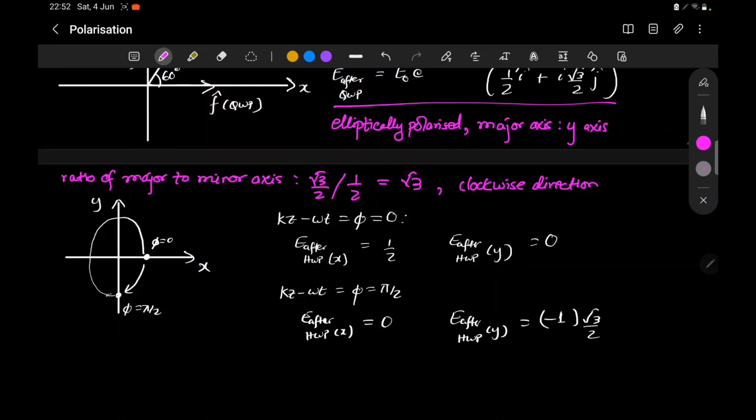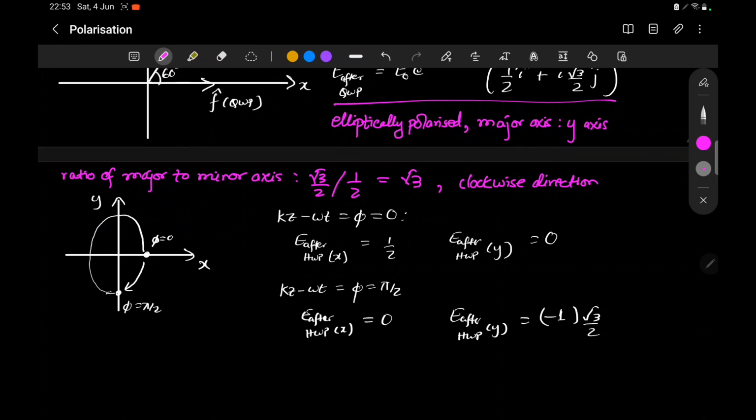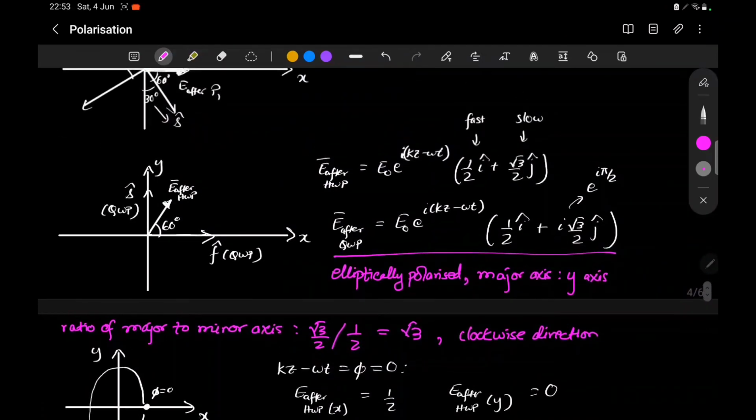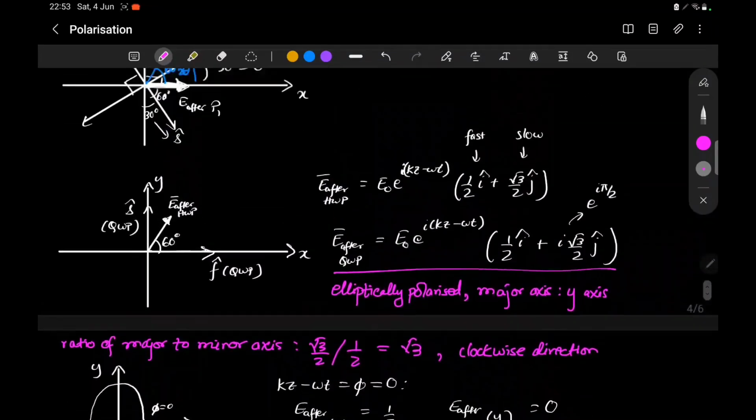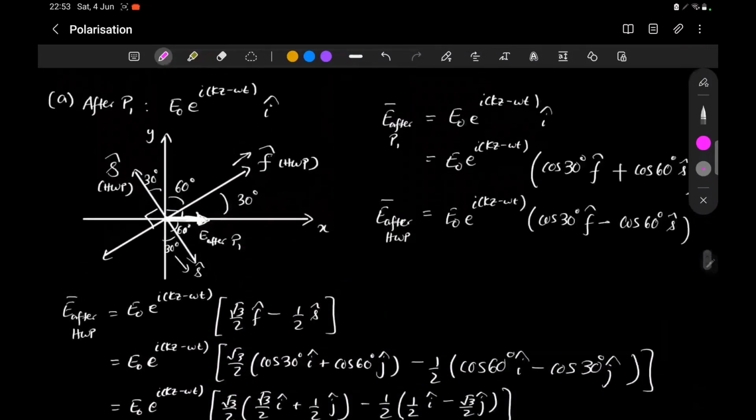Or equivalently, we see that this is left elliptically polarized light. So this is the state of polarization after the quarter wave plate.